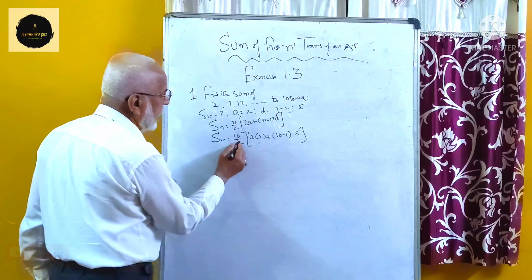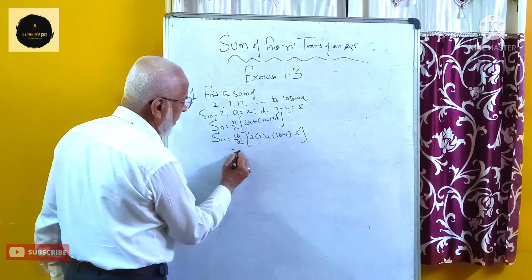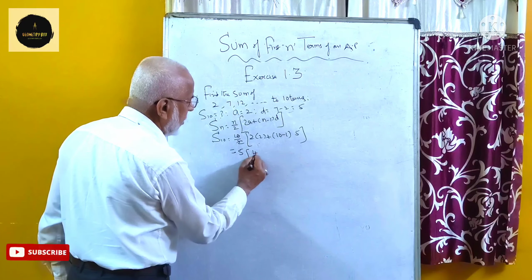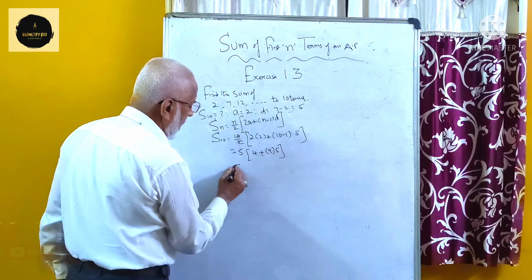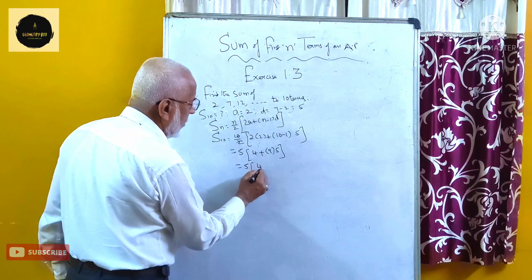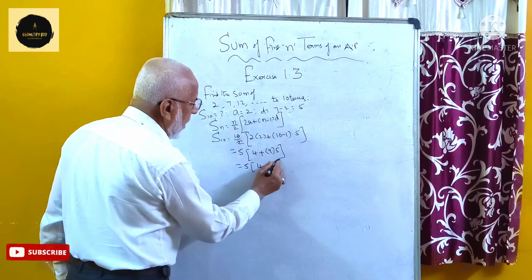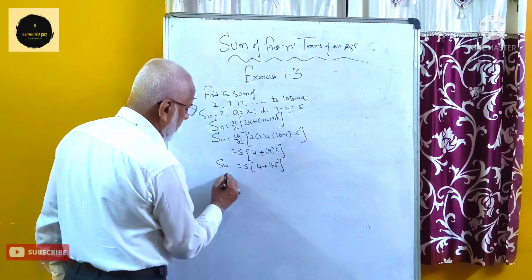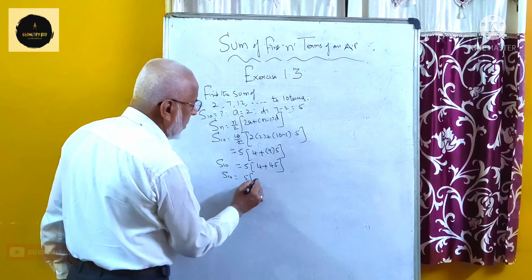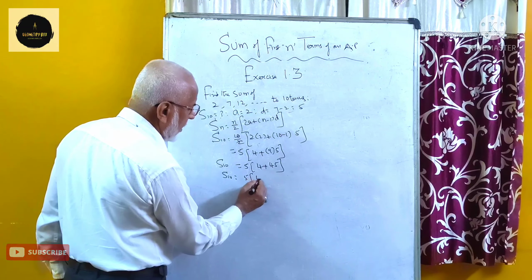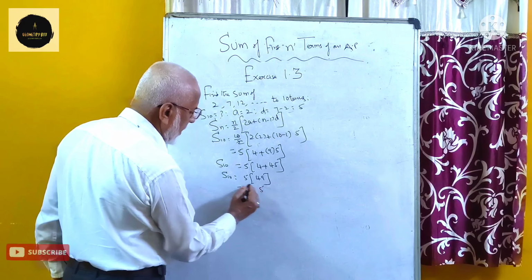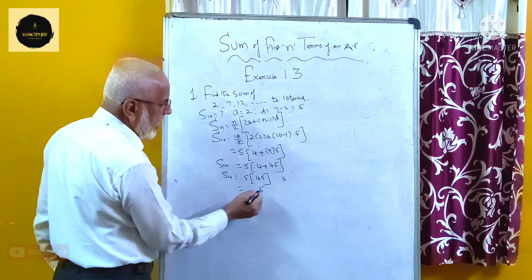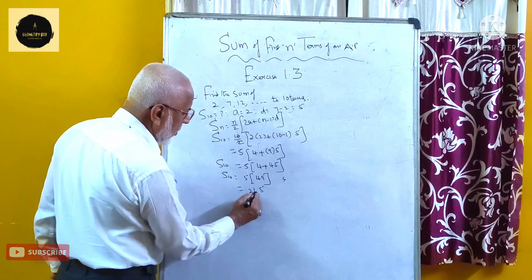Cancelling 10 by 2 gives 5. Then 2 into 2 is 4, and 10 minus 1 is 9, and 9 into 5 is 45. So S10 equals 5 into 4 plus 45, which is 49. Multiplying 5 into 49 gives 245. So S10 is equal to 245.